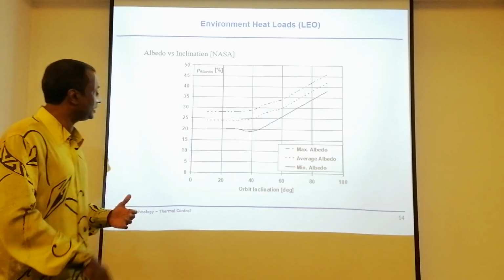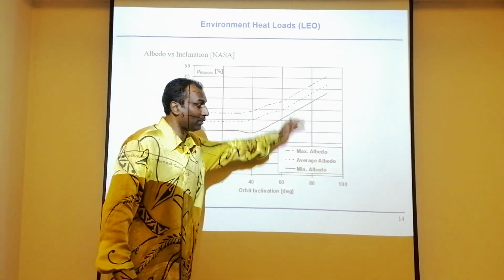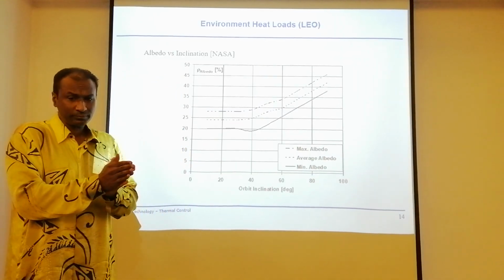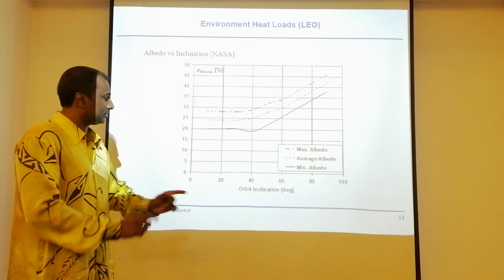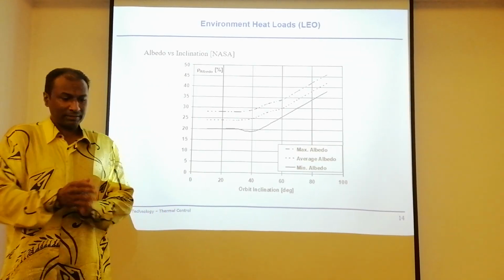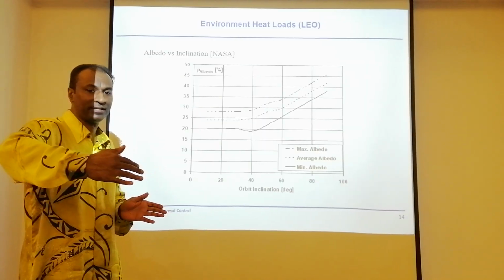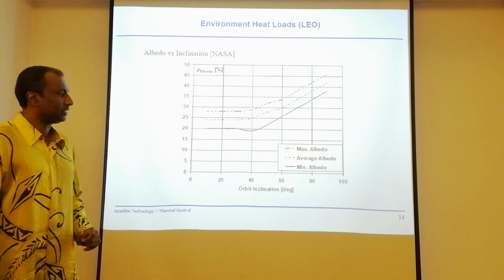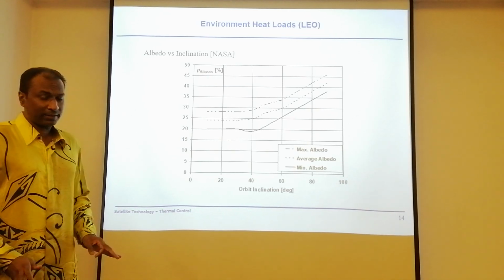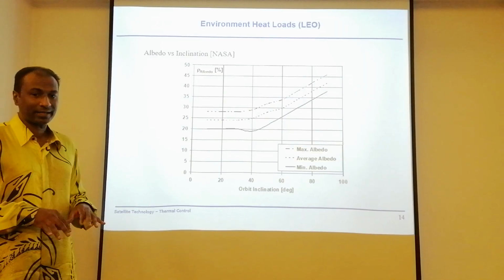Okay, that's why you see that it's quite minimum, and it gets better when you have the albedo angle. The reflection angle gets better and better. When the inclination goes higher, the reflection happens, and you can actually get a better albedo hitting your body.